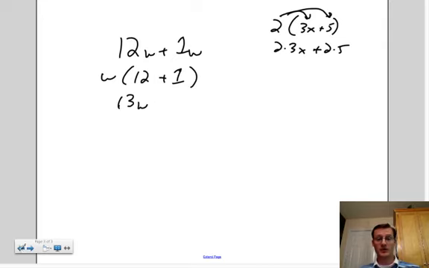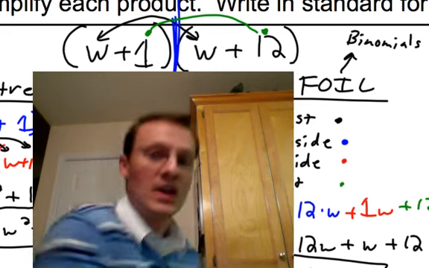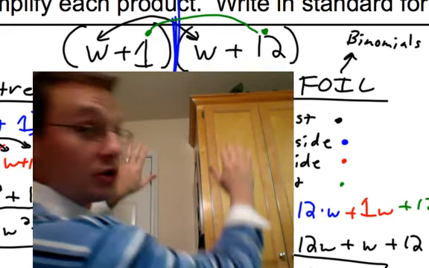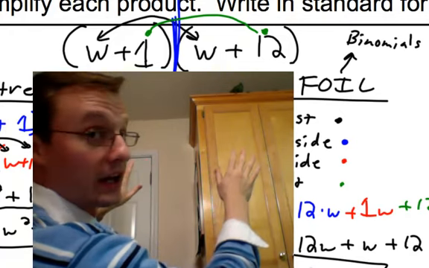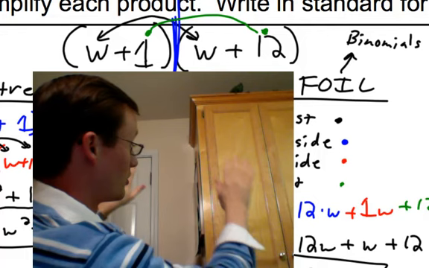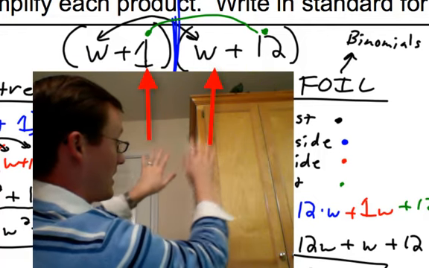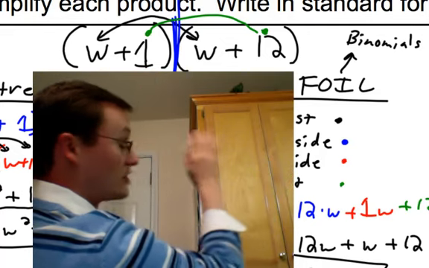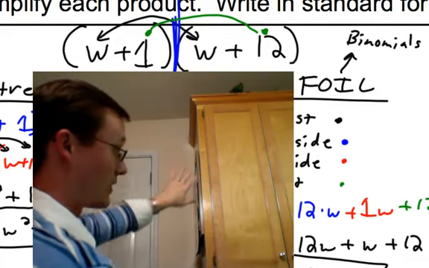The other thing that we're going to do is we're going to go back to our FOIL, and I want you to think in terms of, there's some hand movements you can do. I'm going to turn around, show you how you can do this. So the first thing you can do, your left hand is going to move very slowly. Your right hand is going to move very quickly. So you're going to do first, outside, inside, last. Once you get the hang of it, this one goes twice, left, left, right, right.